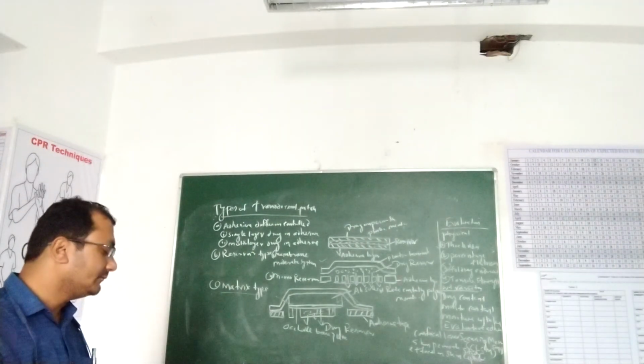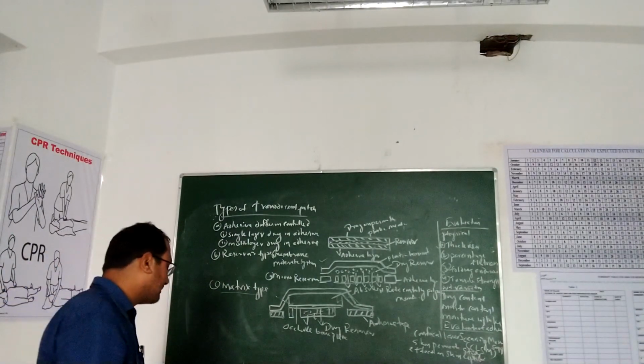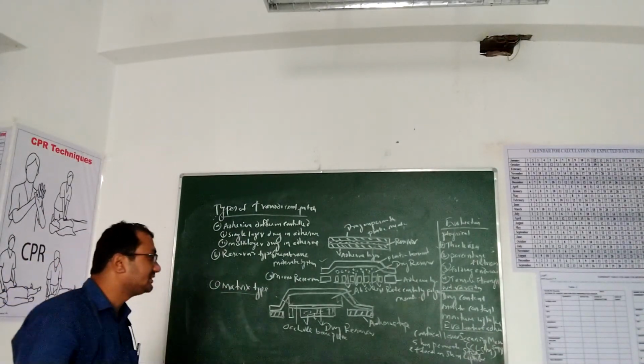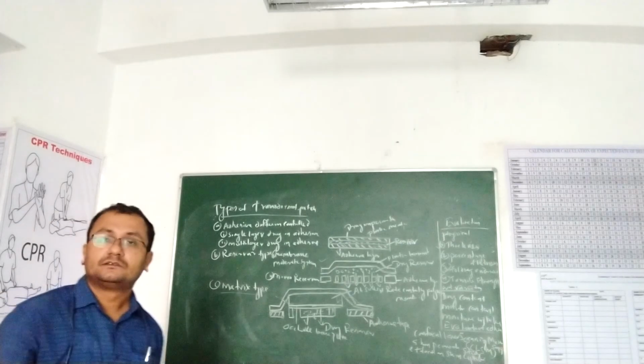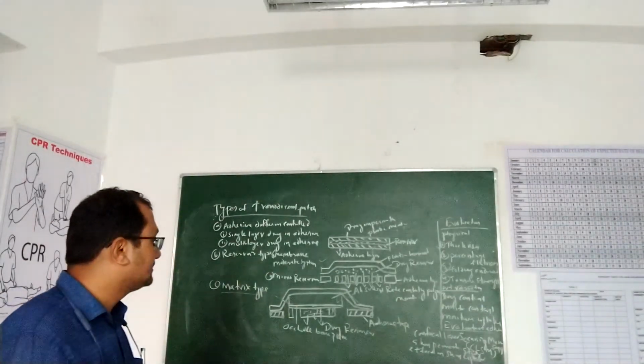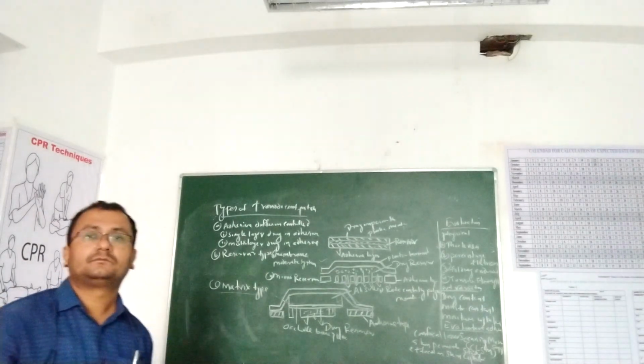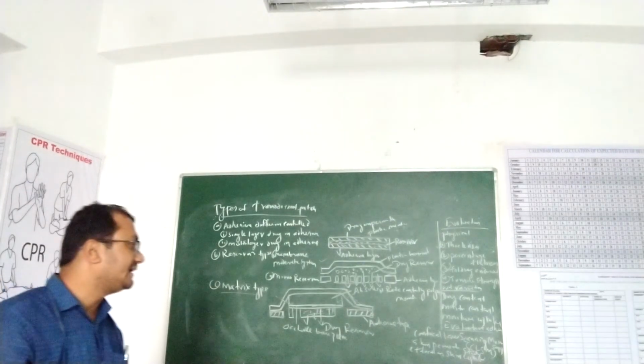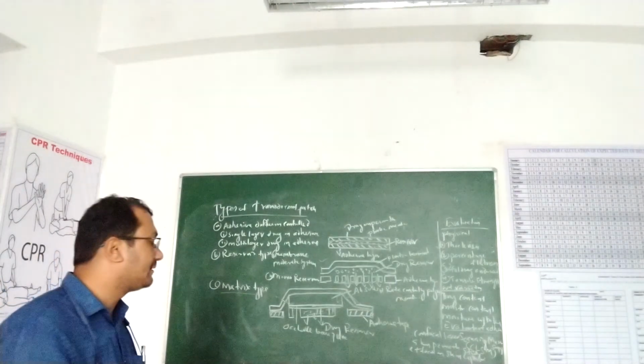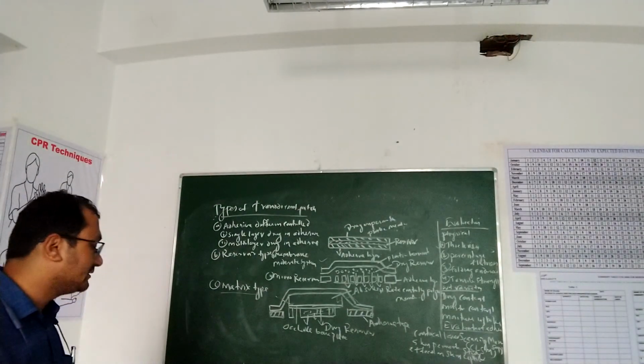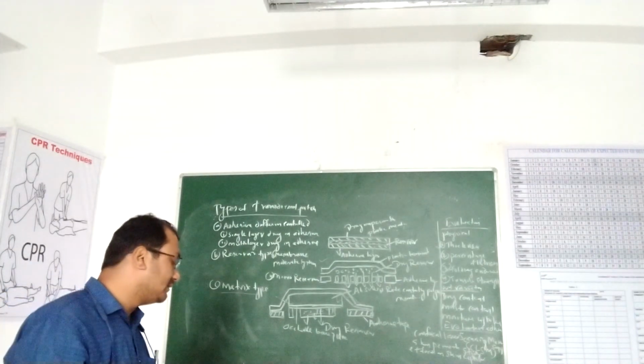Then coming to the last one, cutaneous toxicological evaluation. How safe is it on the skin? Is there any type of side effect on the skin or not? That will be determined. That is called cutaneous toxicological evaluation.